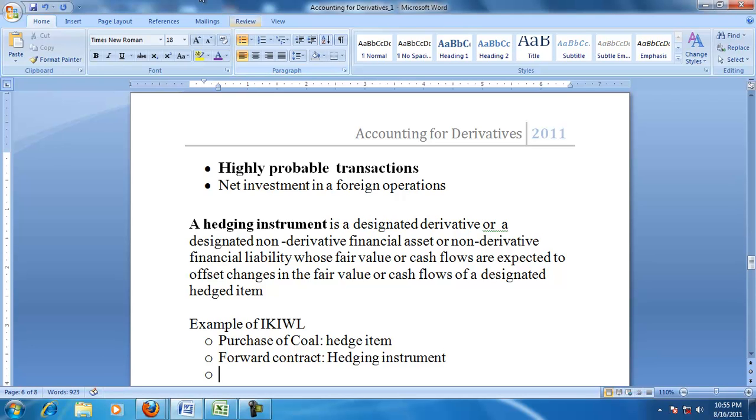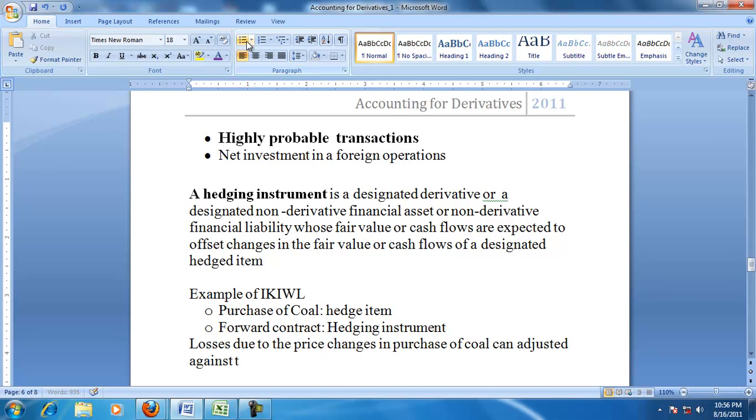So that means we are saying that in hedge accounting, the losses due to the price changes in the purchase of coal can be adjusted against the profits due to the price changes in the forward contract.